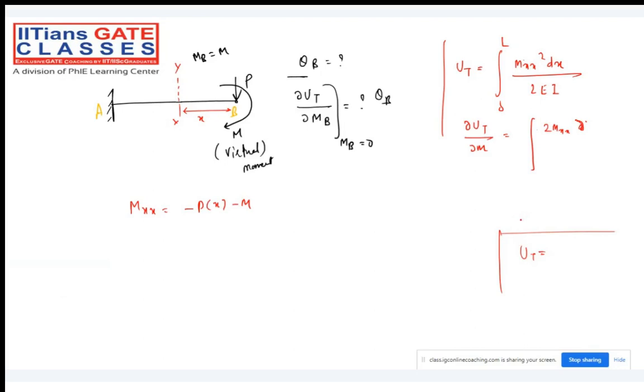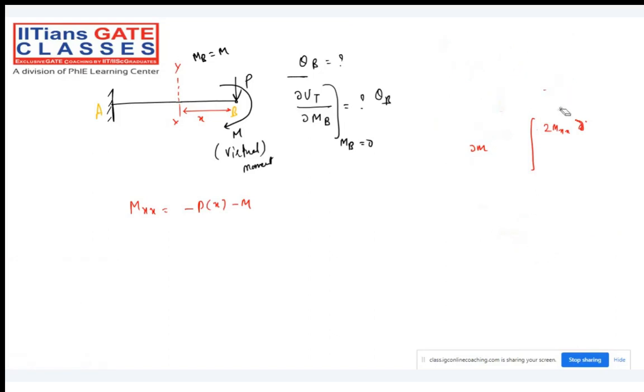No, just wait. Directly we can do. See, so we got to know whatever the bending moment is. Now we find the total strain energy with the bending moment minus Px minus M.